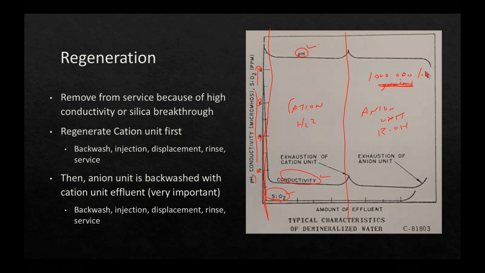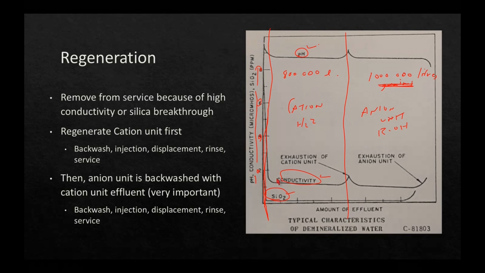A million liters, okay? That's the capacity. This anion unit can exchange anions to a million liters before it gets exhausted. The cation, maybe we'll make it a little bit smaller. We'll make it for only 800,000 liters.